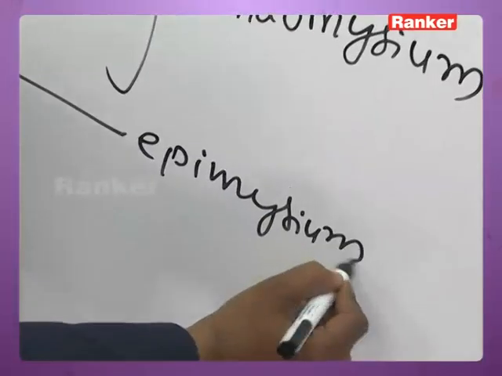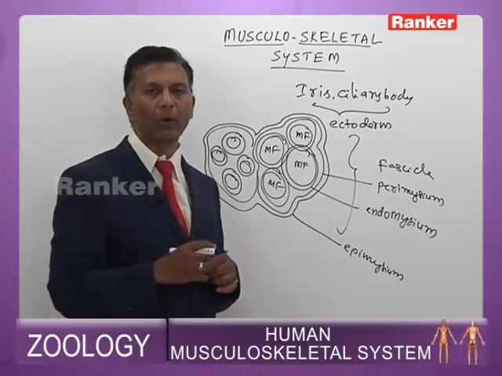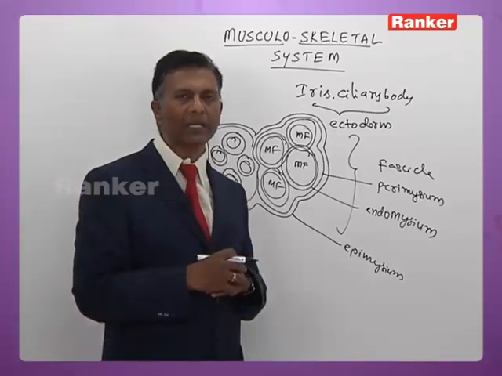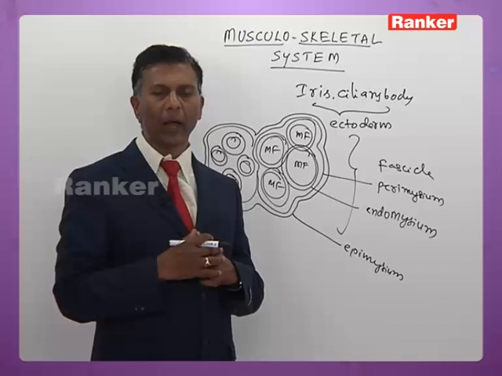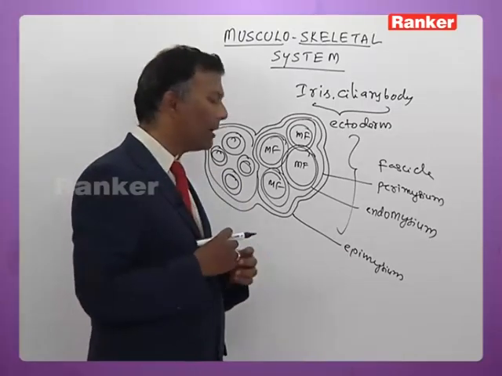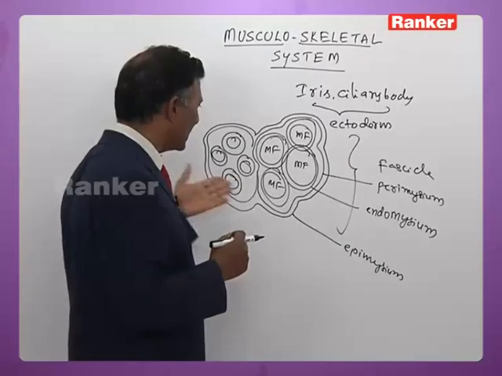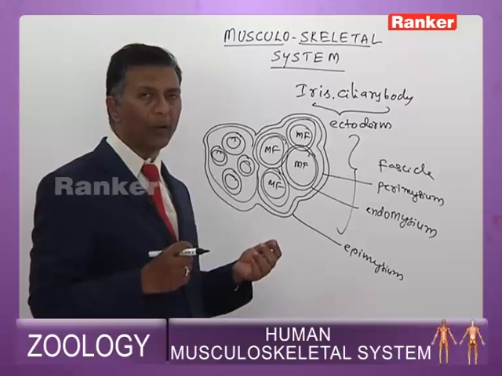So dear students, remember the most important point: each muscle fiber is covered by endomysium. A bundle, which is called fascicle, is covered by perimysium. Many bundles are fastened together by an outermost connective tissue sheath called epimysium. Now this epimysium extends inwards in the form of perimysium and endomysium.